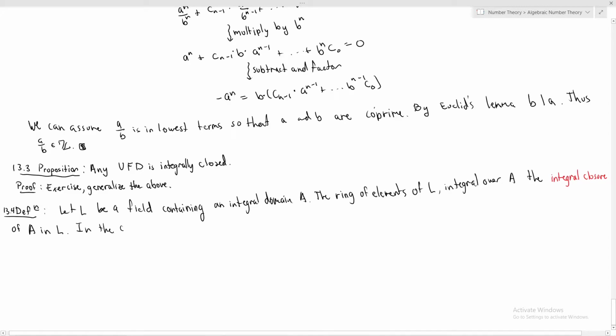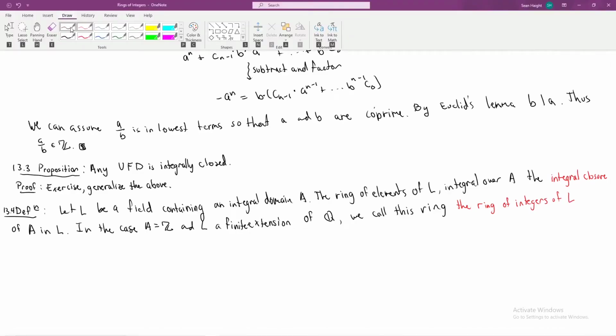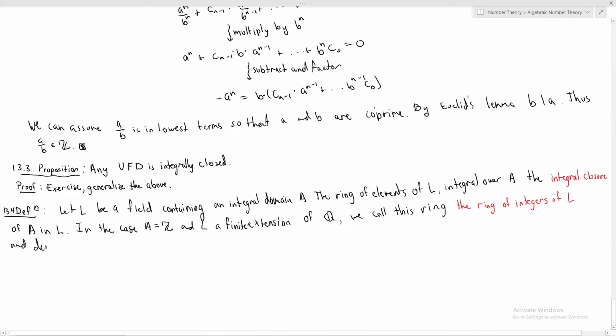In the case A equals Z and L a finite extension of Q, we call this ring the ring of integers of L and denote it O sub L.